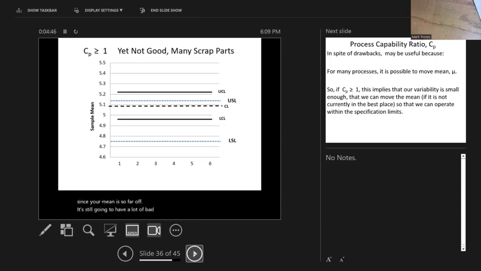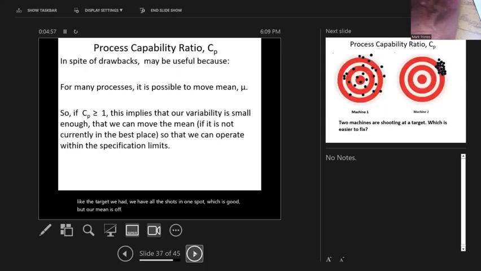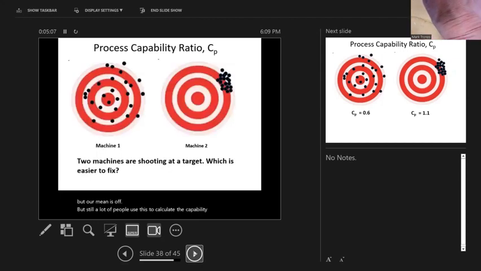So this again is the case where, like the target we had with all the shots in one spot, which is good, but our mean is off. But still, a lot of people use this to calculate the capability of their operation.